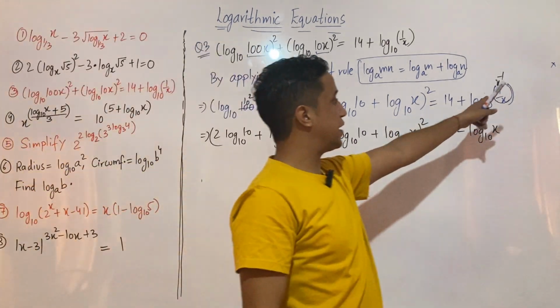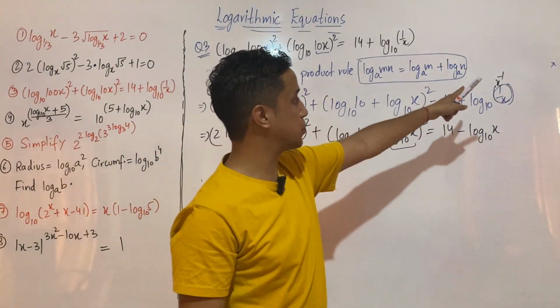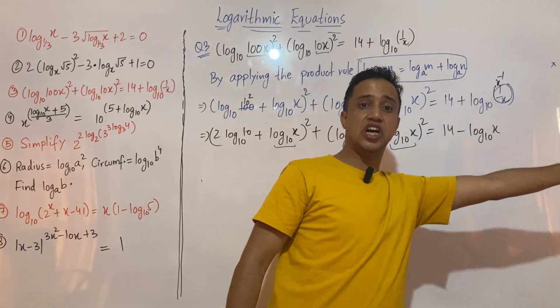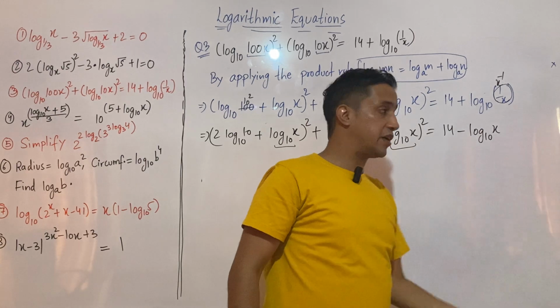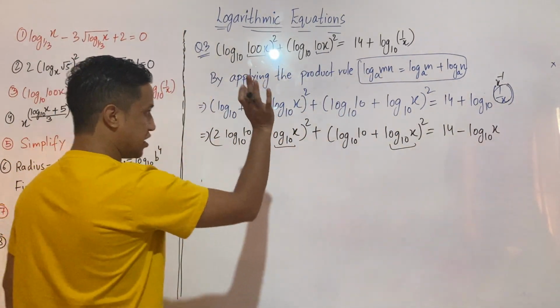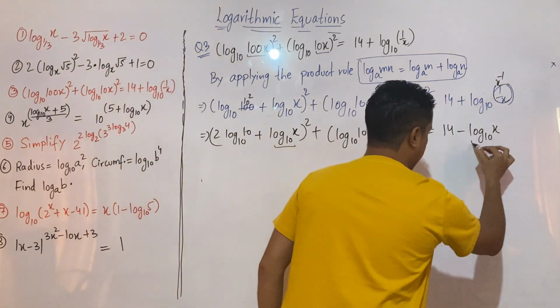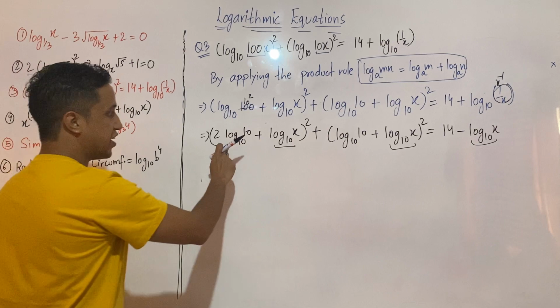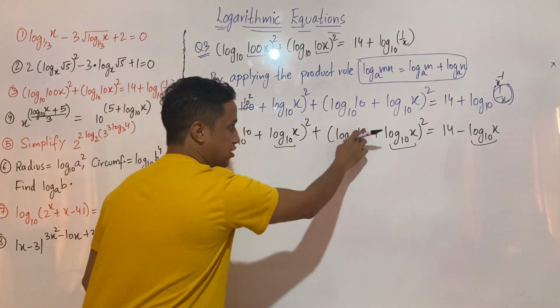See here, 1 by x can be written as x raised to exponent minus 1. So this minus 1 will come out and get multiplied with log x to the base 10. That's what I did. Now we have log x to the base 10 in all terms. And here, log 10 to the base 10, log 10 to the base 10.